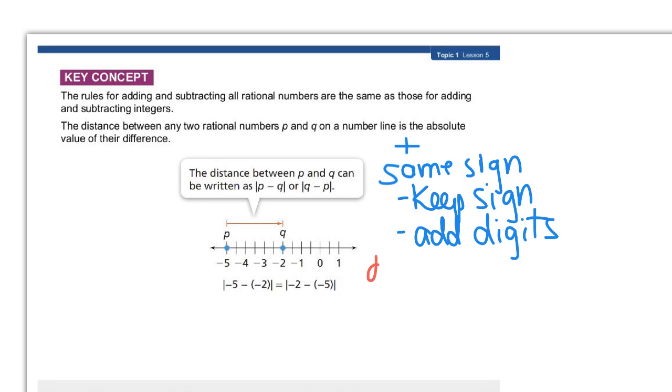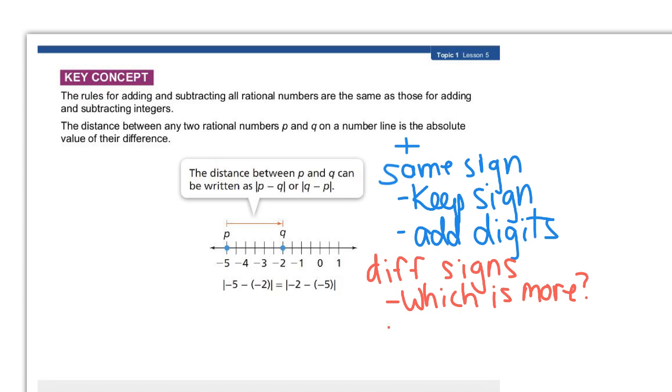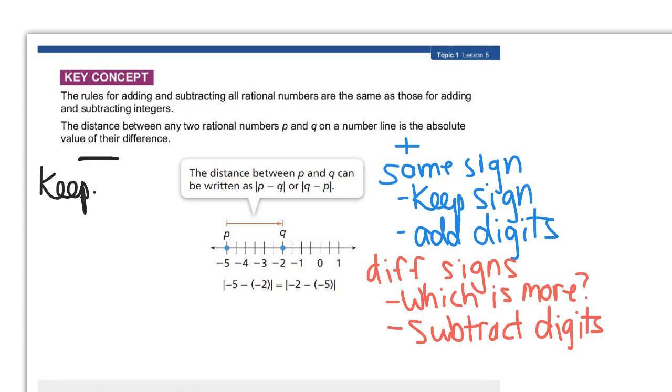If you have different signs, which is more? Do you have more positives or more negatives? And then subtract your digits. That rule works here as well. If it's a subtraction problem, we're going to do keep, change, change.